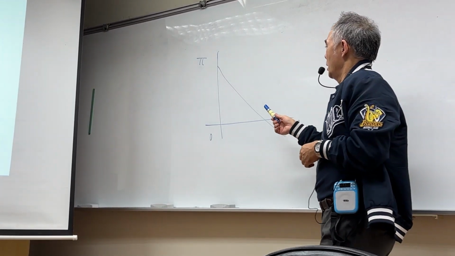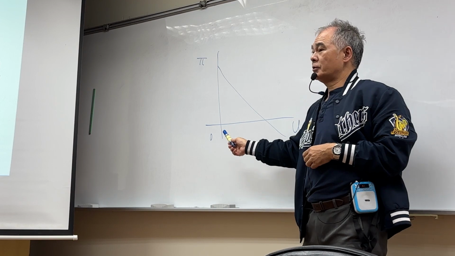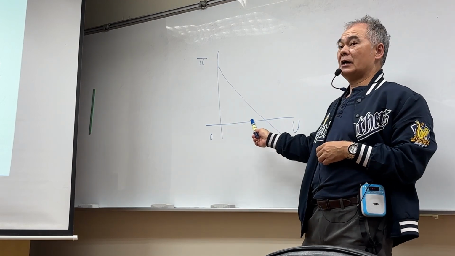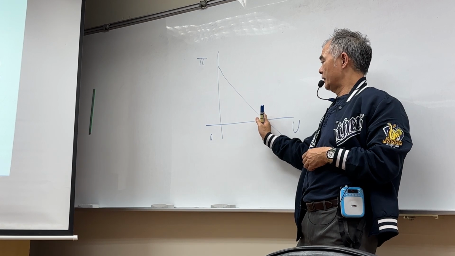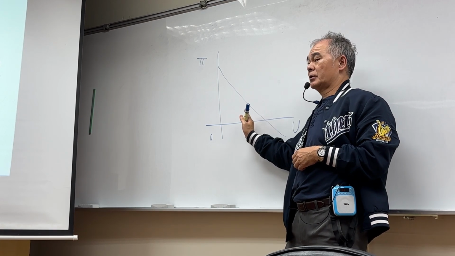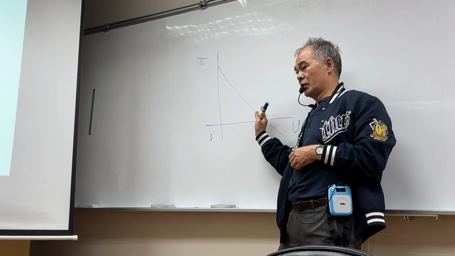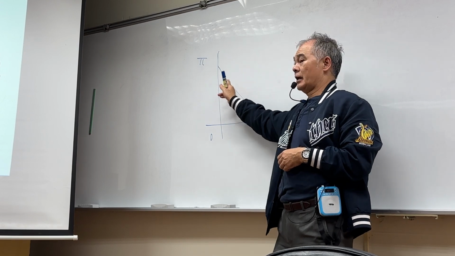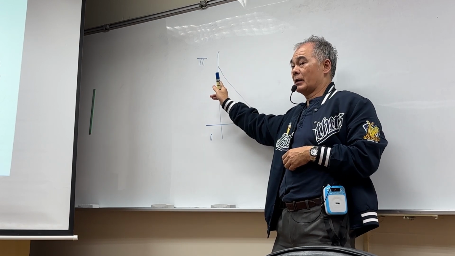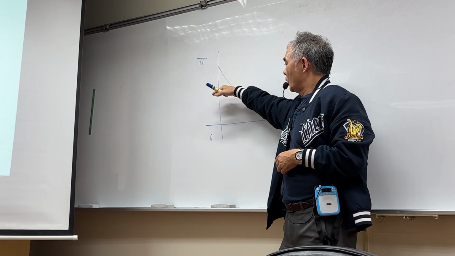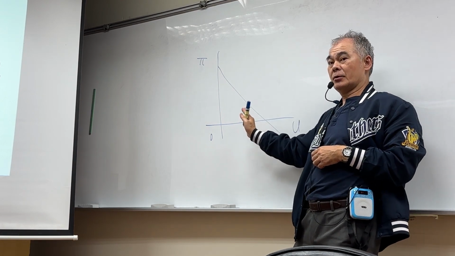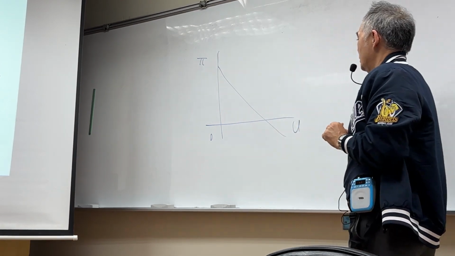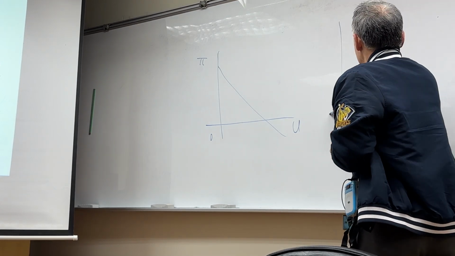So if you want to have lower unemployment, that means this shifts to the left. Lower unemployment, then you're gonna have higher inflation. And if you have lower inflation, what do you have? You have higher unemployment.